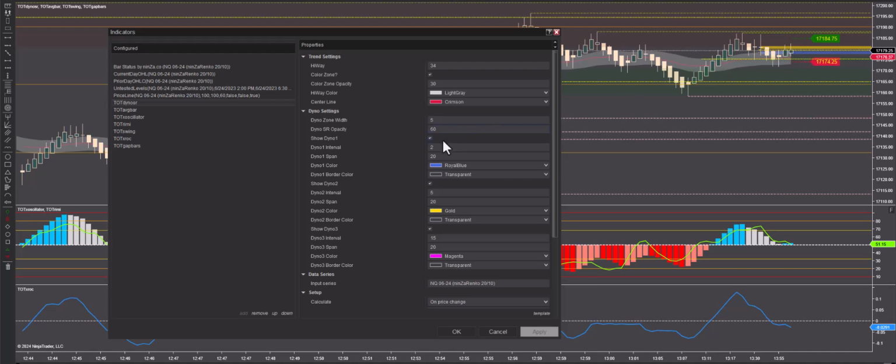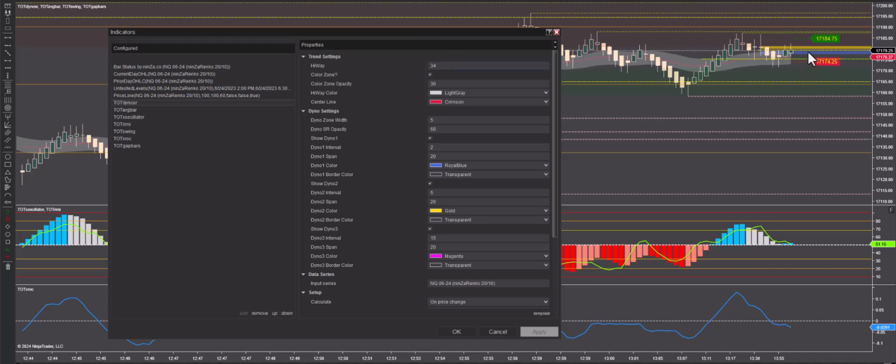These are dyno zones for different intervals and spans. It basically takes average expansion of price and then calculates these levels where markets are likely to turn or bounce or start to get the other side of traders coming in.